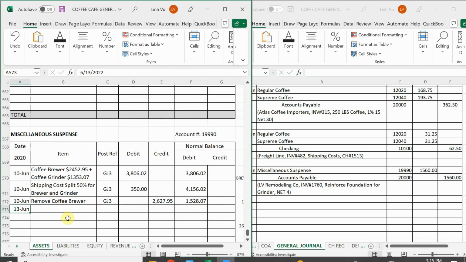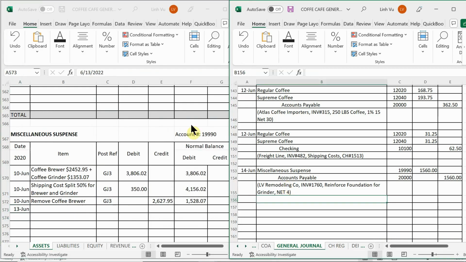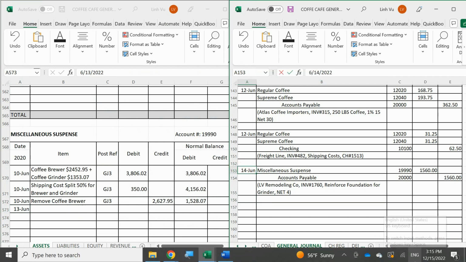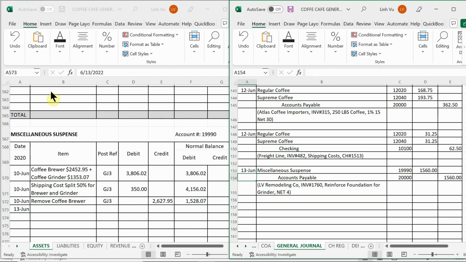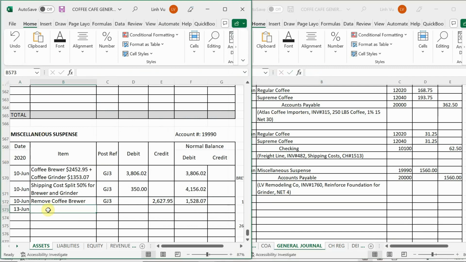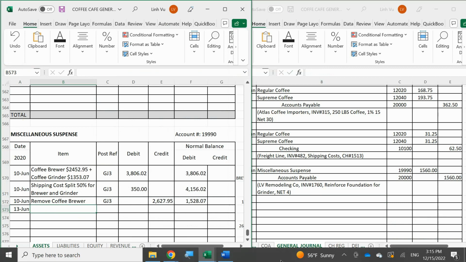Today's the 13th, yeah. Did I put 14? Oh, yes, I did. We're still on the 13th. Okay, so here, today's the 13th, right? We can go ahead and say reinforcement of foundation. If you want to put the invoice number in here, you can.